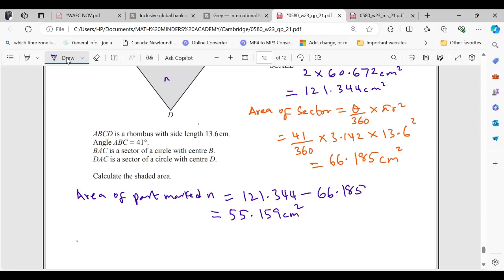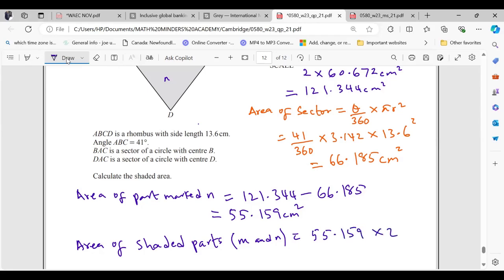So we say area of shaded parts, we are talking about M and N, is going to give us 55.159 times 2, which is 110.318 square centimeters.